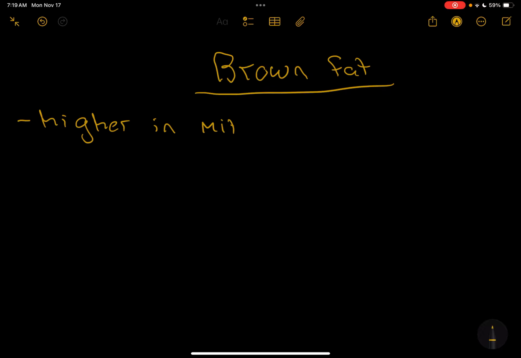We know that white fat is simply energy storage, so it does have mitochondria, but not as much as brown fat. And in brown fat, the mitochondria are also upregulated in their activity. They are just more active, creating more energy and creating more heat.